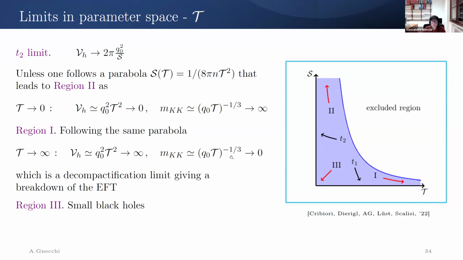In this case, for example, you can see that what's happening at infinite temperature is a decompactification of the internal manifold. Region 3 is the region where there are small black holes, so they have zero temperature and zero entropy.